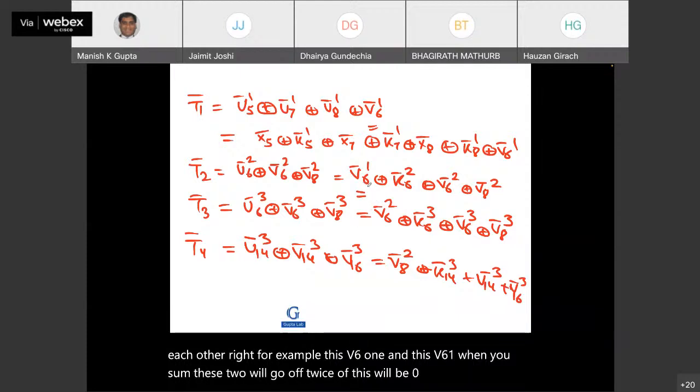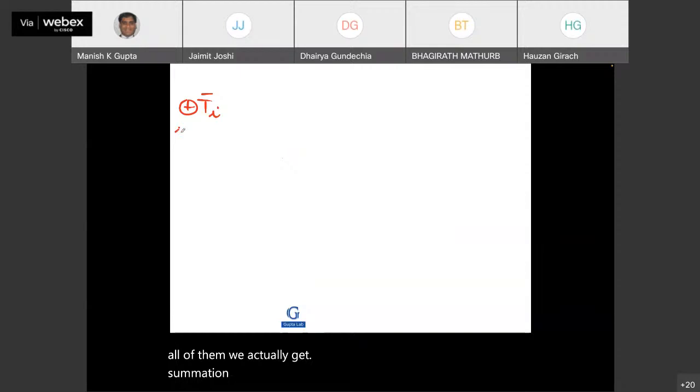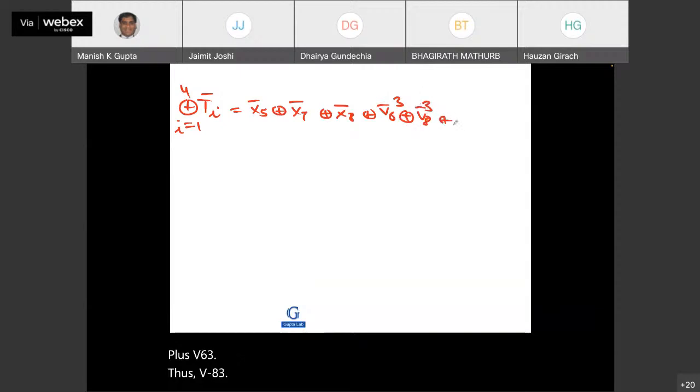So when we add all of them, we get the summation over Ti from i equal to 1 to 4: x5 bar plus x7 bar plus x8 bar plus V63 plus V83 plus V143 plus V163 plus K51 plus K71 plus K81 plus K62 plus K63 plus K143.